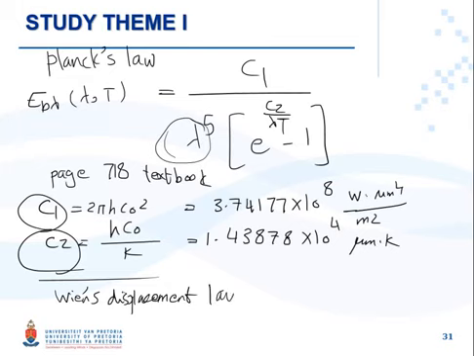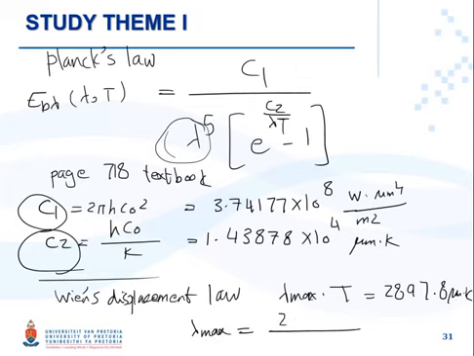So lambda max T is equal to 2897.8 micrometer Kelvin. So lambda max will be equal to 2897.8 micrometer Kelvin divided by 2000 Kelvin.